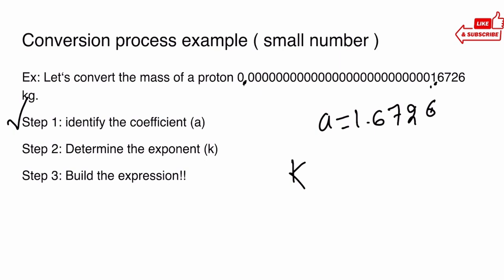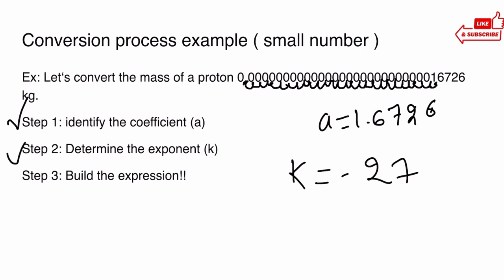And let's see how many places we're moving. 1, 2, 3, 4, 5, 6, 7, 8, 9, 10, 11, 12, 13, 14, 15, 16, 17, 18, 19, 20, 21, 22, 23, 24, 25, 26, 27. So our k is going to be negative 27 since we're moving to the left. So that is step 2.